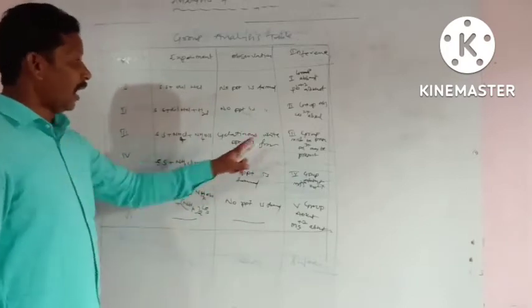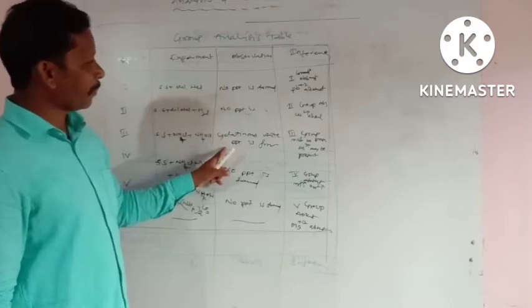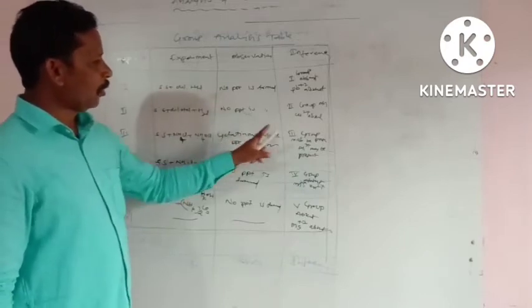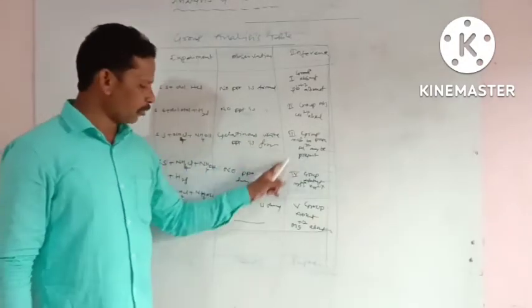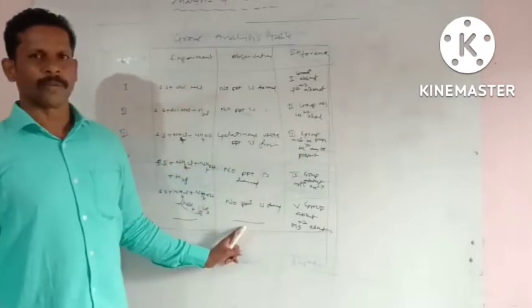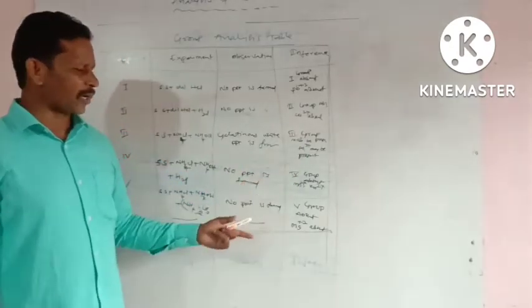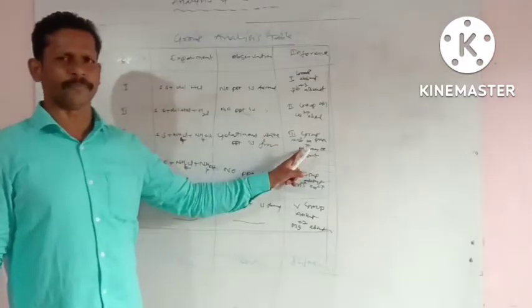So after the completion of the group analysis table, in whichever group we get the PPT, for example, you get a gelatinous white PPT in the third group, you have to go for the confirmation test for the third group. You need not write all these things; you have to write the confirmation test for the cation, which is the aluminum cation.